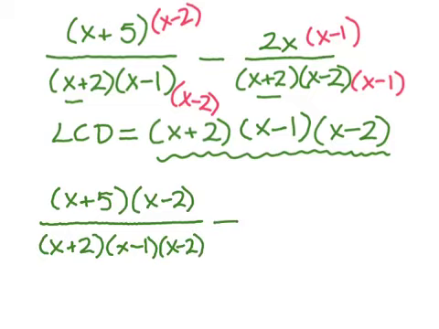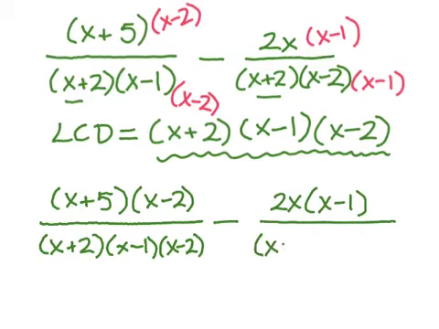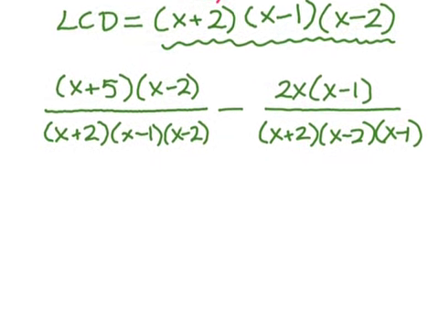This is minus my second one, where I have 2x times x minus 1, and this is all over all three from the common denominator, x plus 2, x minus 2, x minus 1. So other than order, you notice that my denominator here matches my denominator here. I now have a common denominator. This means I can go ahead and actually do the subtraction.